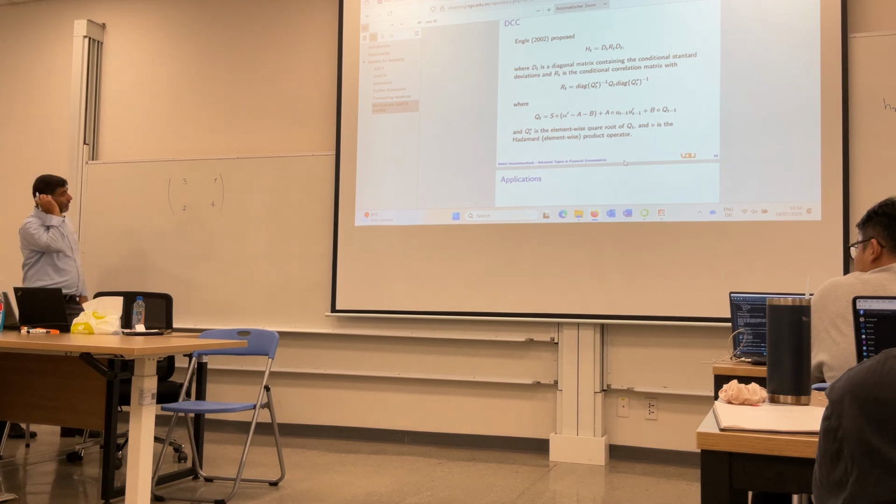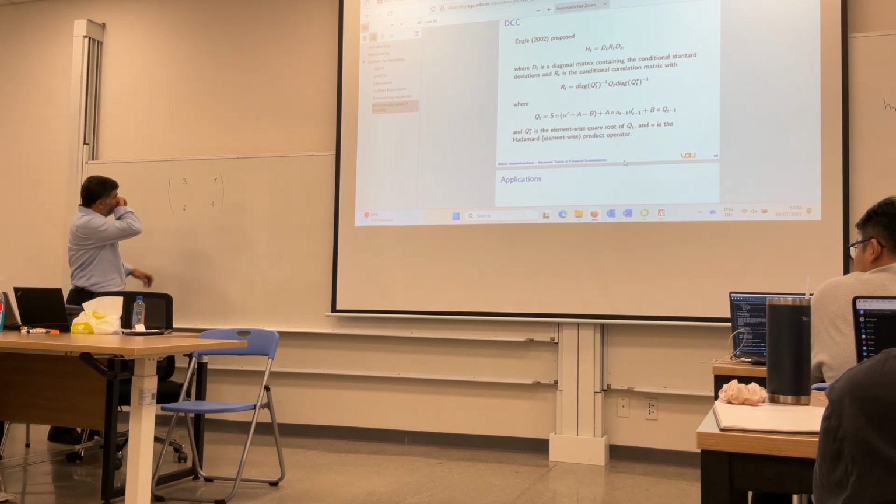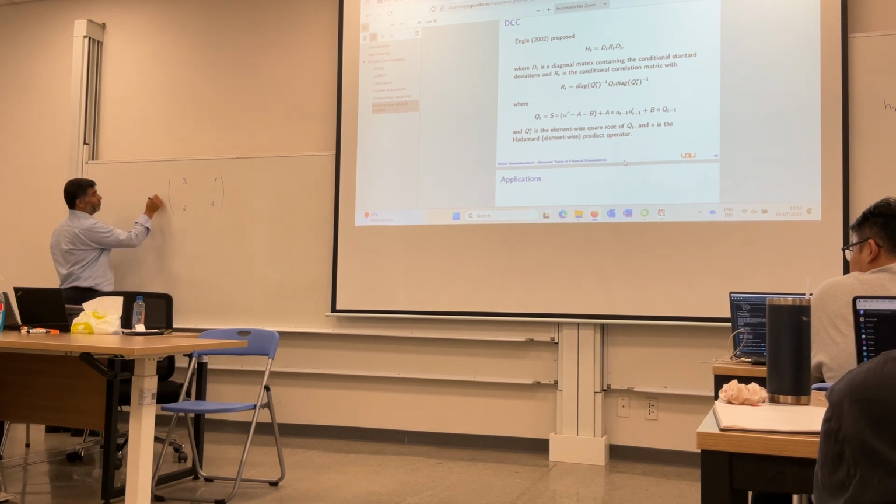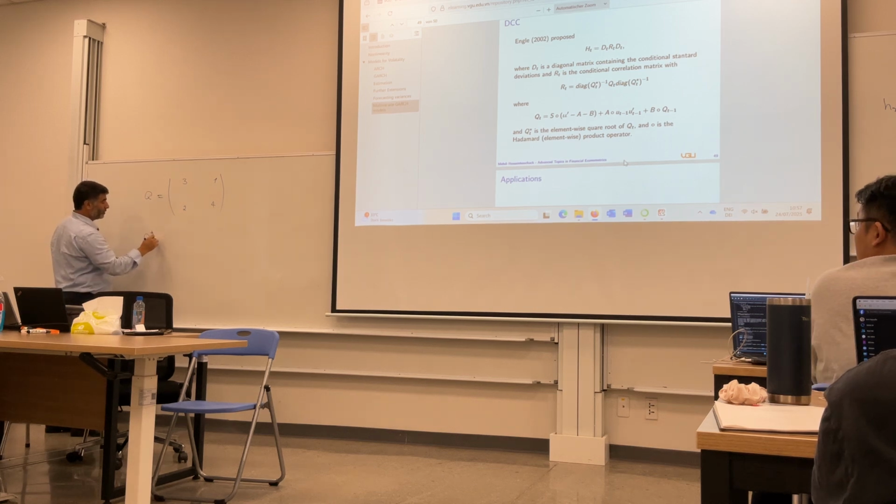So let's take the diagonal elements of this matrix. Let's say Q, and then define Q star.